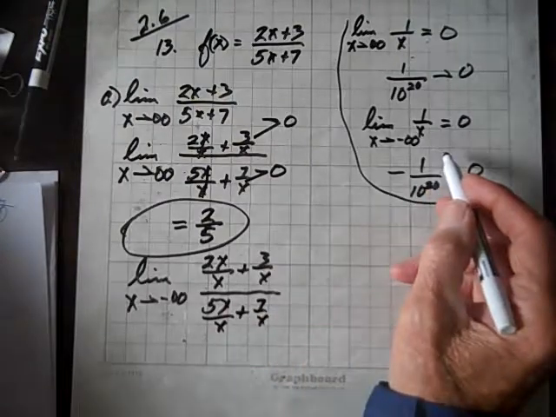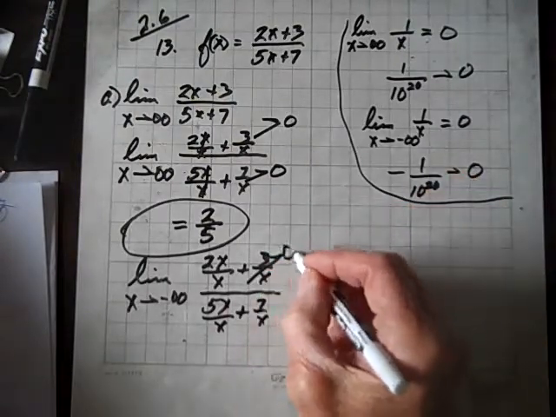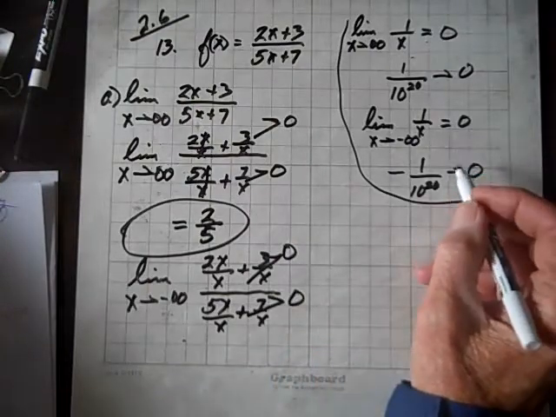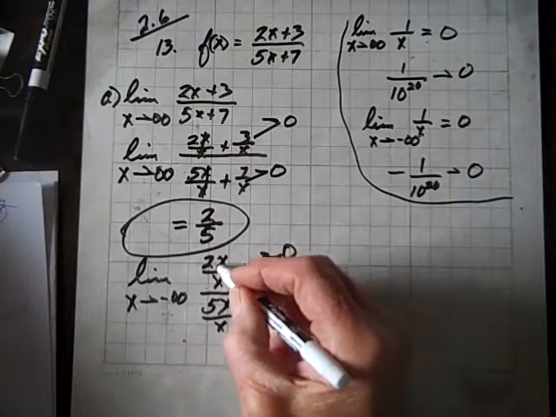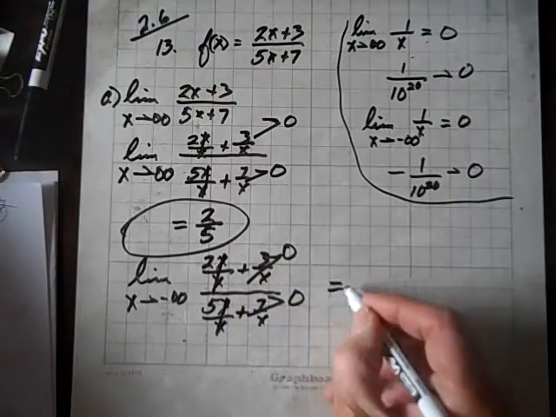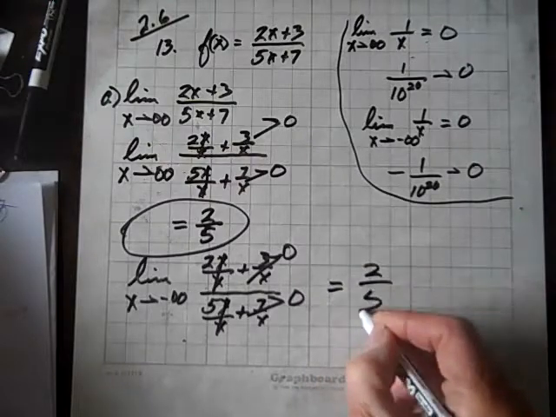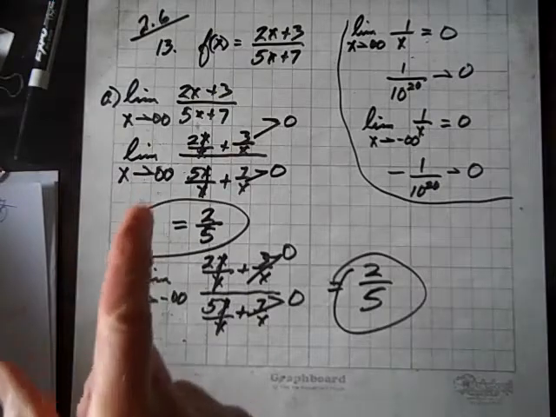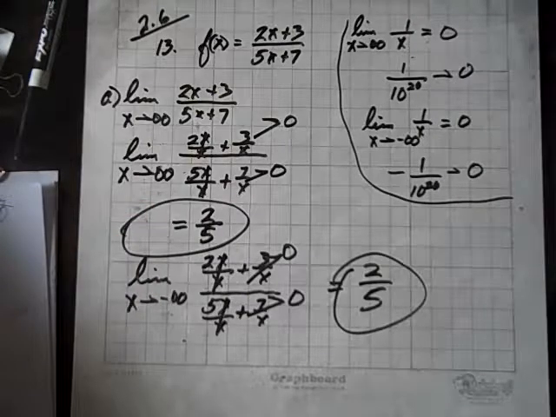By what we just did over here, this term is still going to go to 0, and this term is still going to go to 0. We already wrestled that to the ground. And these x's divide out, and we still get 2/5. So now we found the limit as x goes to plus or minus infinity of f of x.